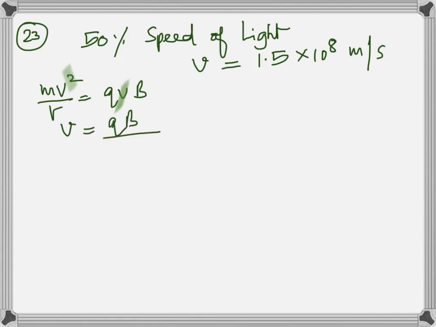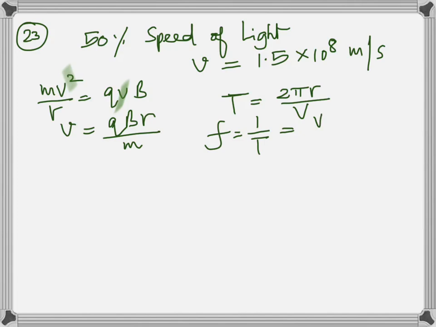And velocity is qBr by the mass. Time period is 2 pi r by velocity, again circumference by velocity. Frequency is 1 over time period. So that's velocity by 2 pi r. And substitute for velocity from the previous equation.